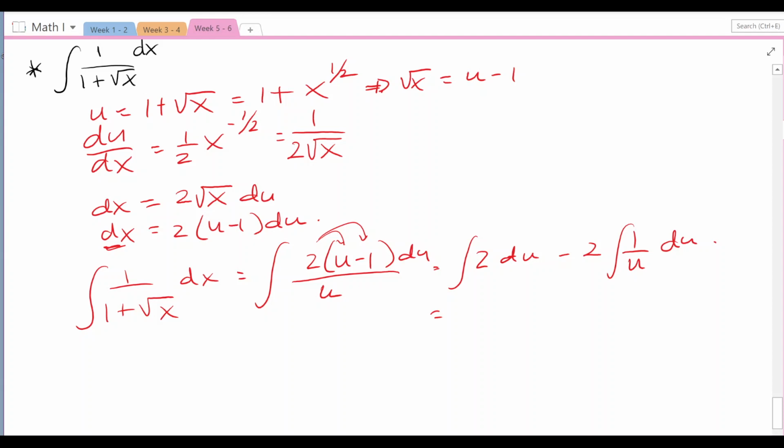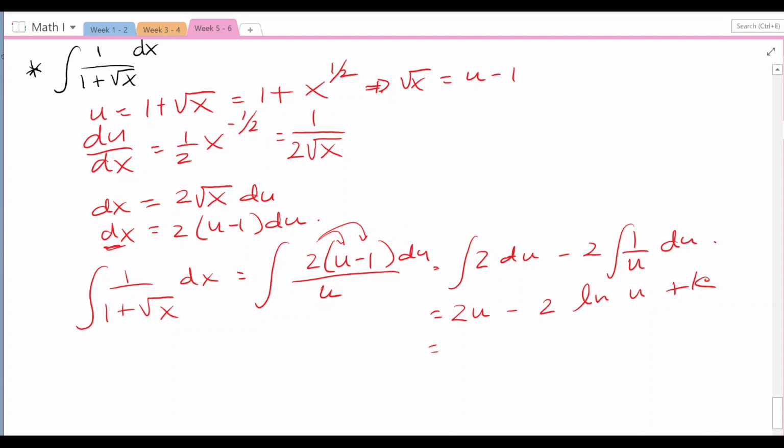So now the integral of 2 will be 2u, and the integral of 1 over u becomes negative 2 ln u, and then plus c. So we can put the u back. Let's not use c at this time, let's use the letter k because we have a constant here.